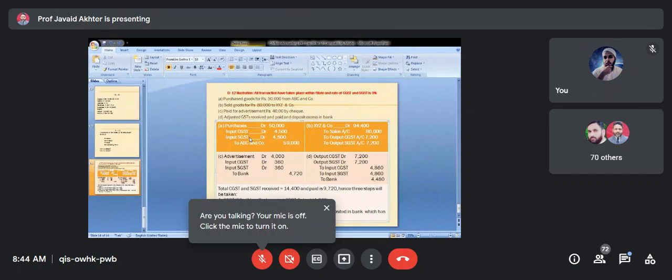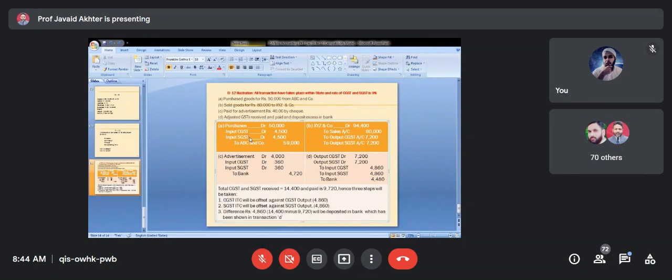Now this 36 will go out of your company. In the earlier case, 18 will come to your account. Take another transaction. You paid salaries. Will you pay GST? No, sir. Deposited money in bank.